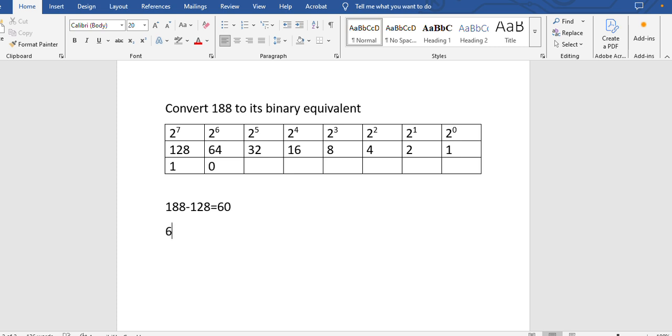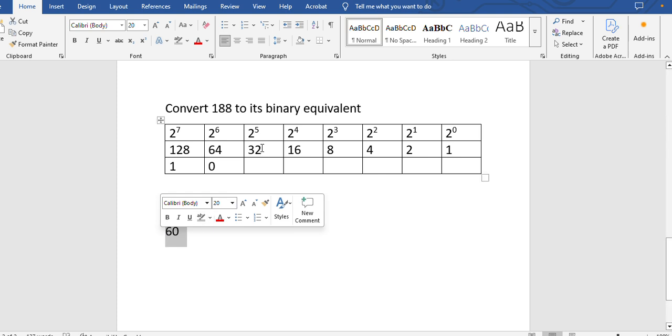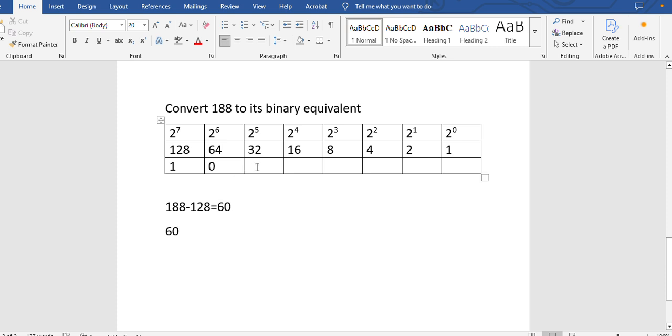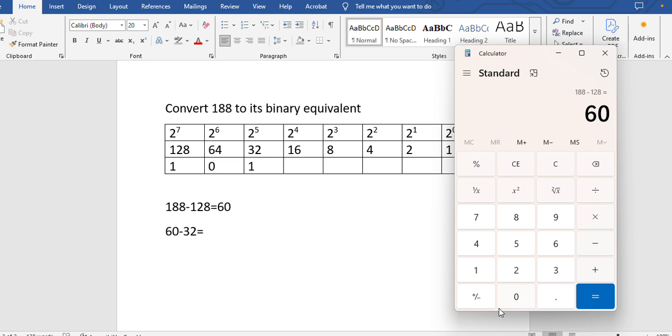So is 60 greater than 64? 60 is not greater than 64. It is less than, so we write 0, and then we still have 60, and we take that 60, compare with 32.